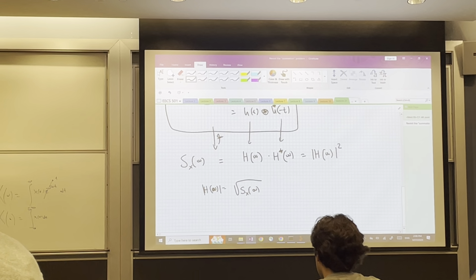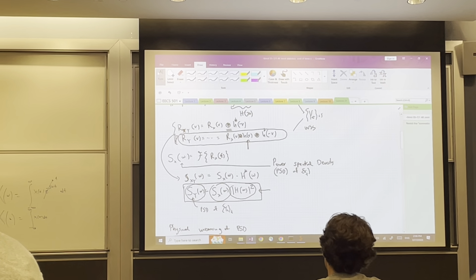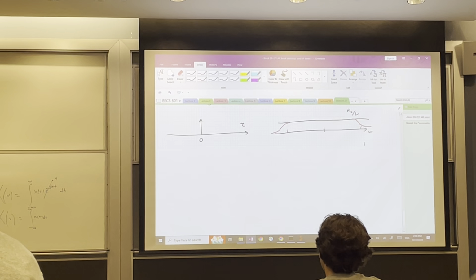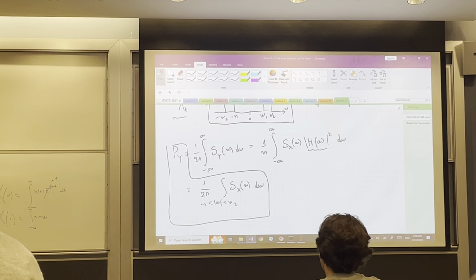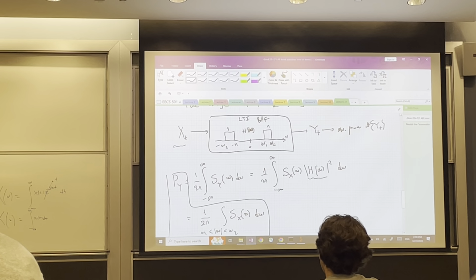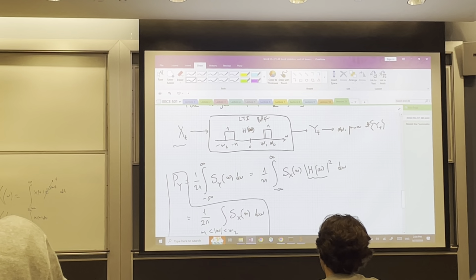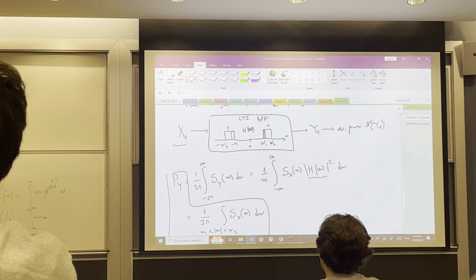Why? Well, if you go back here, that's actually a very simple thing to check. Remember we said that if you pass x of t through a very simple filter like that, you will get the average power of the signal. So imagine that this filter is so narrow that it only catches a very, very narrow sliver of the frequencies, here and here.